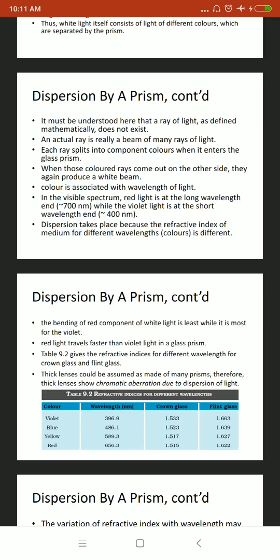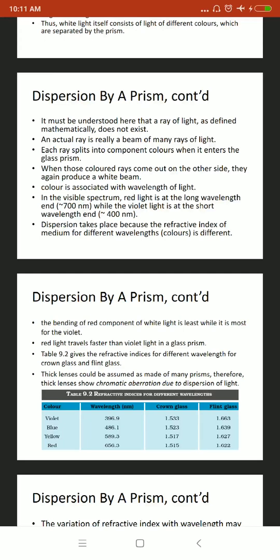So the red color component bends least by having a larger wavelength, and the violet color bends more by having the shorter wavelength. So the bending of the red component of white light is least, while the most bending is of the violet color, based on their wavelength.